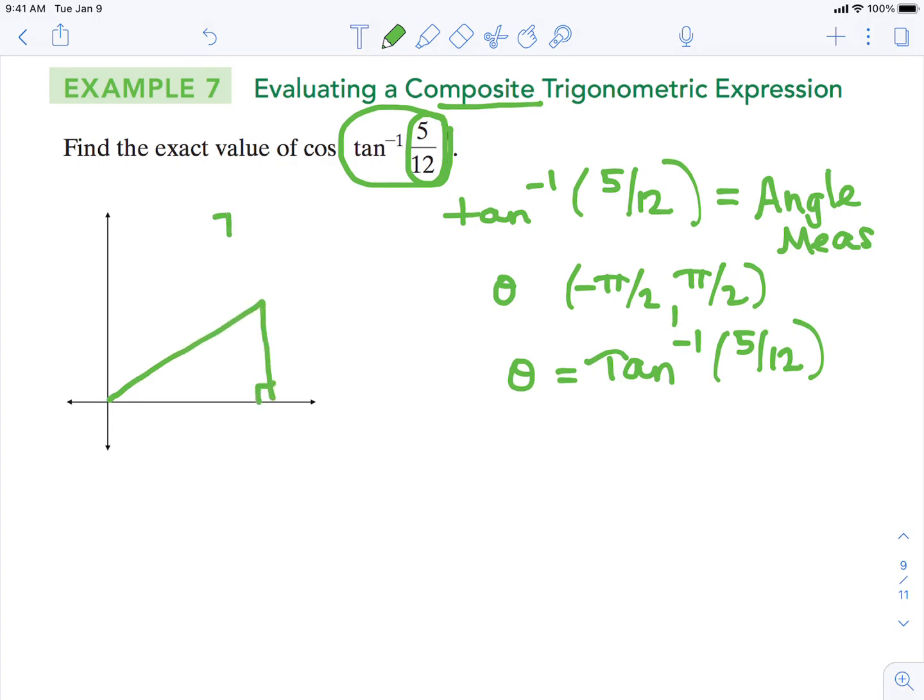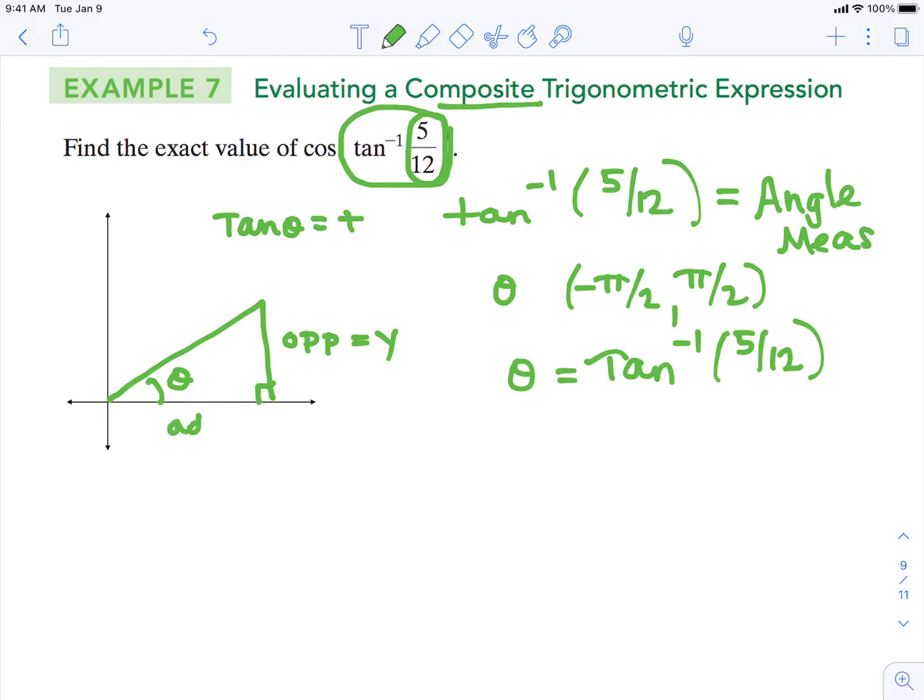Because tangent in quadrant 1, the sine value over the cosine value is positive. So here's your angle theta, and then you have your side opposite, which is your y distance.